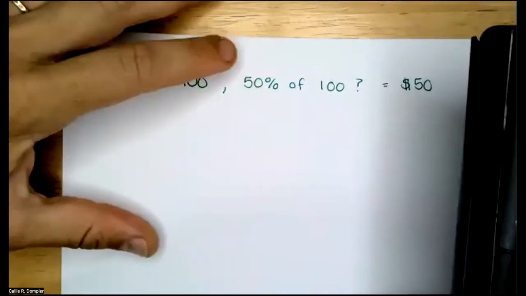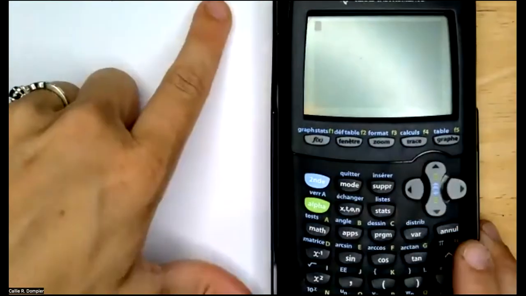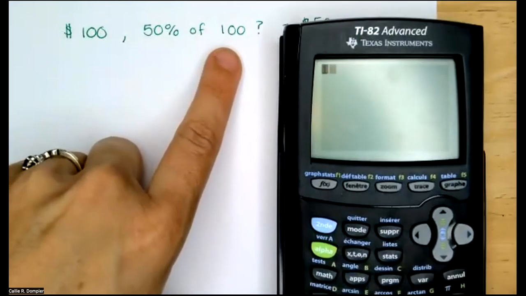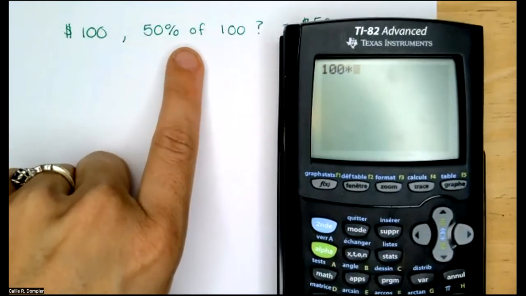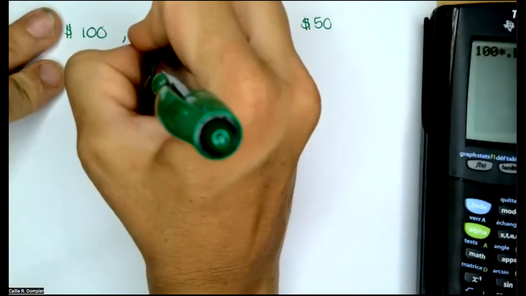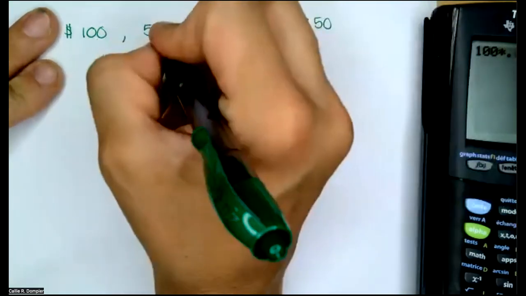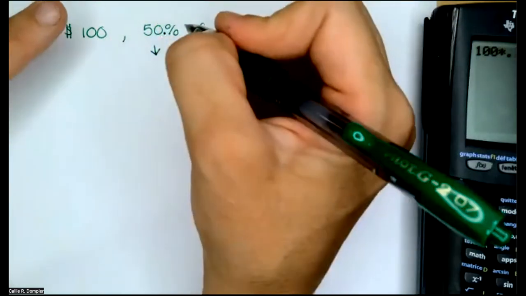The way you find a percent is you take your whole, so in this case, our whole number is 100, and you multiply it by that percent, but you change the percent to a decimal by moving the decimal point 2 to the left.